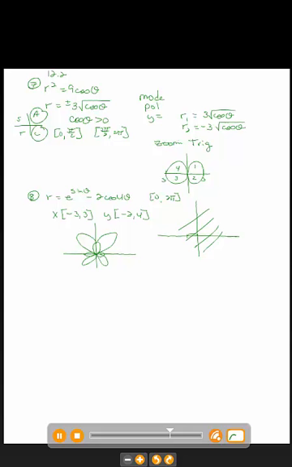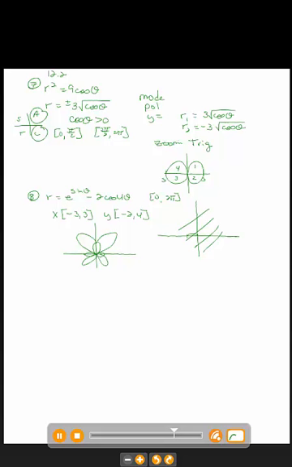Then it comes up and gets the big piece. Then it gets this guy, comes around and gets that one. That's a really poor looking butterfly, but that's the order it goes in.